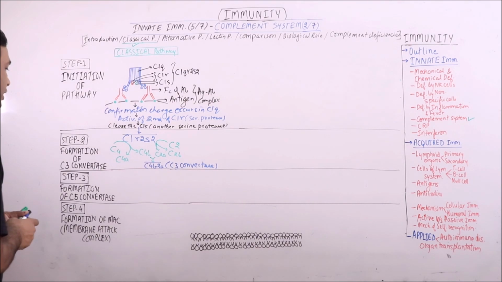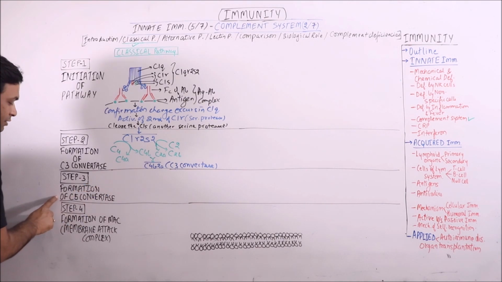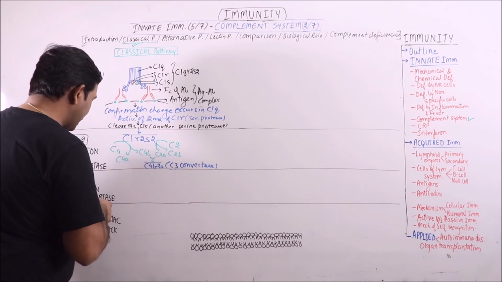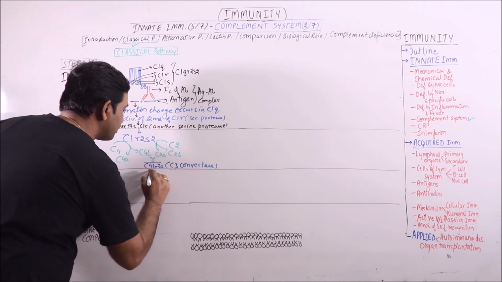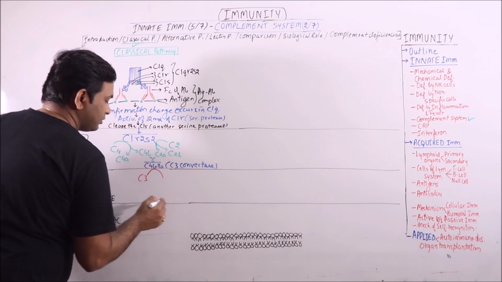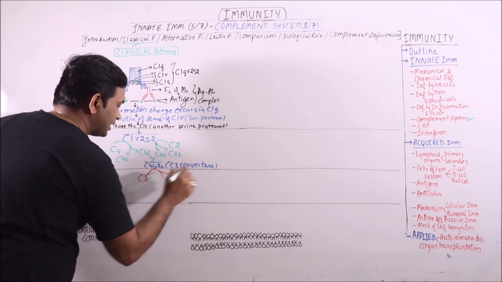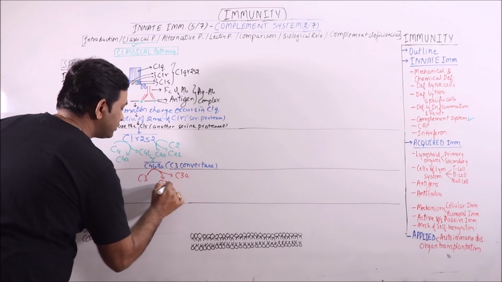Now this C3 convertase will result in formation of C5 convertase. How? It is C3 convertase, so it will convert the C3, that is complement 3, into C3A, that will be released, and C3B.